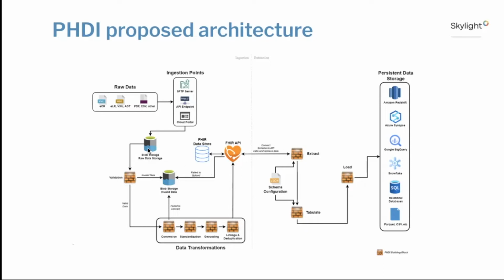This validation building block is one area of active development. It doesn't currently exist. This architecture diagram is a more advanced iteration of where we were when we ended with Virginia. So the validation piece is coming soon, but as soon as raw data is added to cloud storage, we kick off our ingestion process.